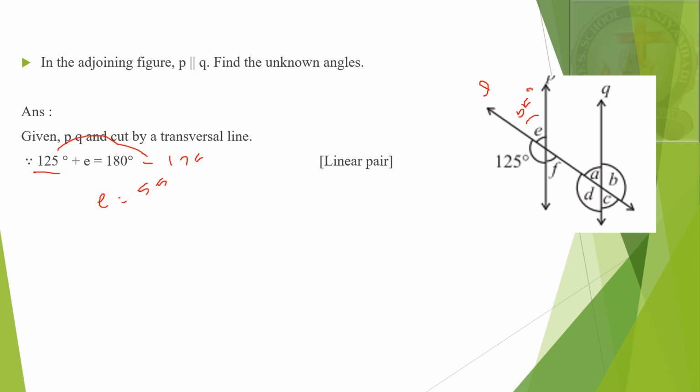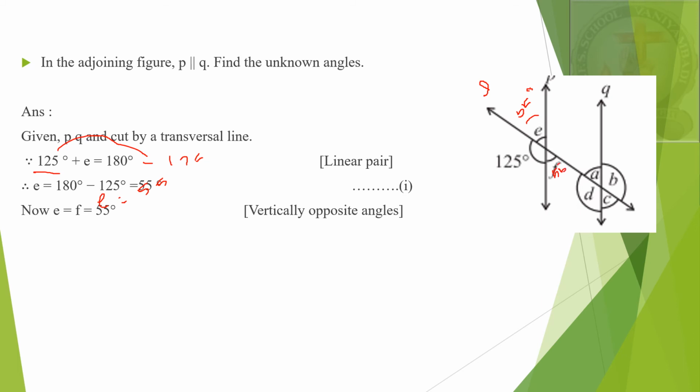Next, if you see angles E and F, they are opposite to each other, vertically opposite angles. Vertically opposite angles are equal in measure. So E value is 55 degrees, and E is equal to F, both are 55 degrees. Even this angle is also 55 degrees, the reason being they are vertically opposite angles.